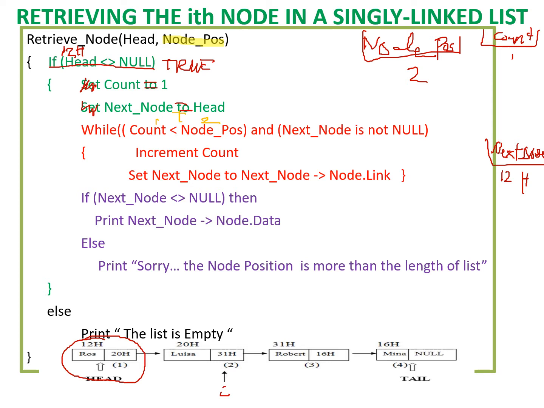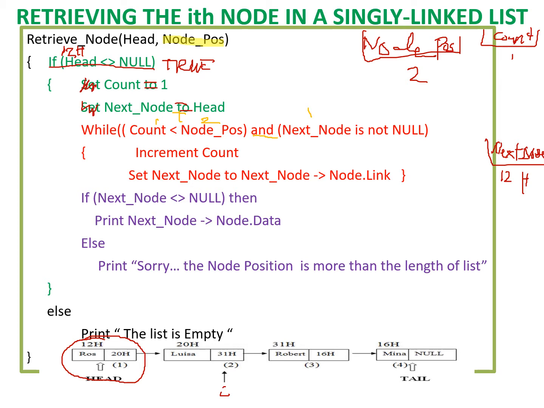And next node is not equal to null. Remember, if we have a compound condition connected using AND, that means we have to satisfy both conditions. So after testing the first condition, even if it is true, we have to test the second condition. Next node is 12H.